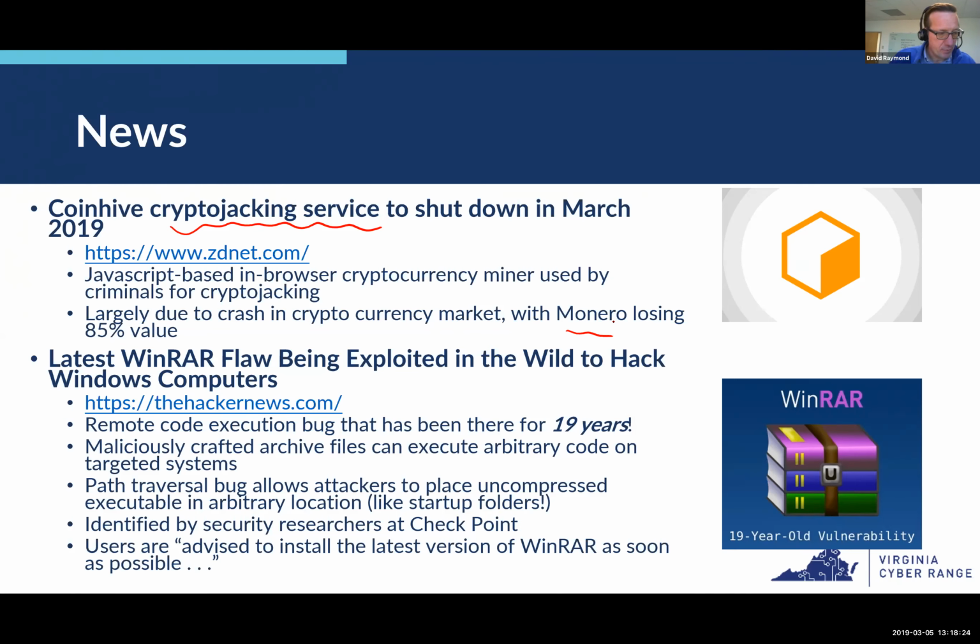One laptop or one desktop mining cryptocurrency is a tiny drop in the bucket, but when somebody could maliciously cause hundreds or thousands of desktops or laptops to mine cryptocurrency, that could turn into real money. Not a huge amount, but real money. So it was pretty popular.